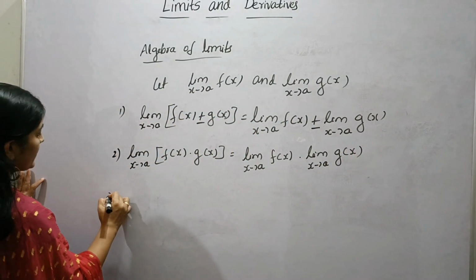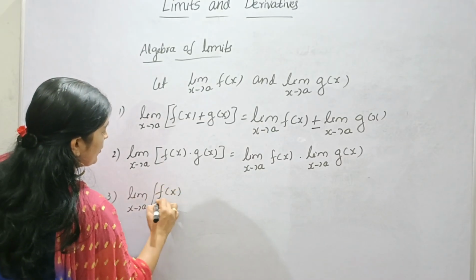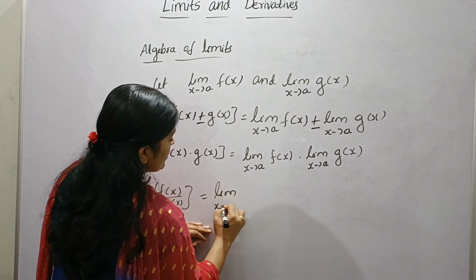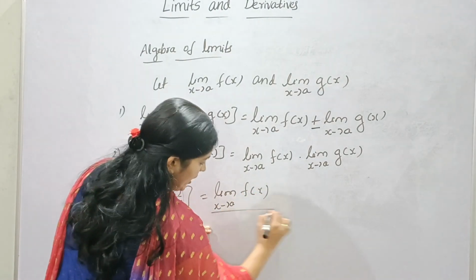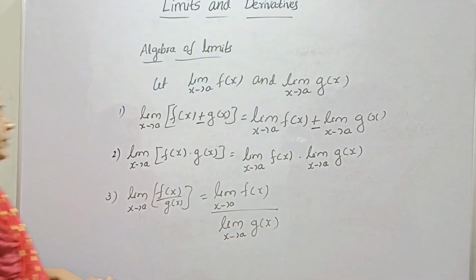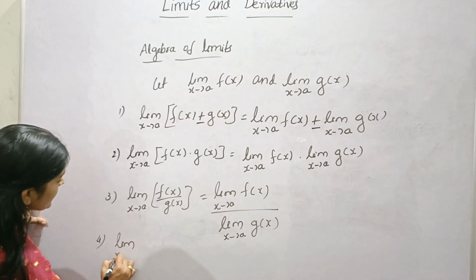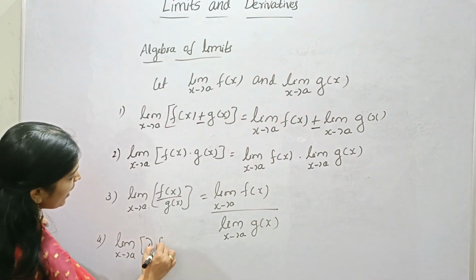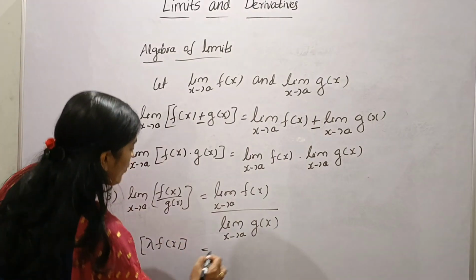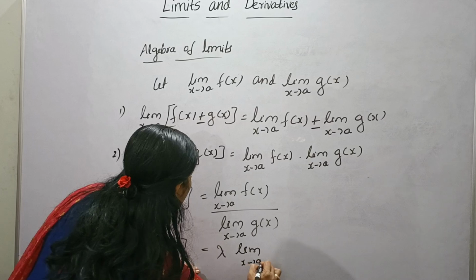Next, the limit as x tends to a of f(x) divided by g(x) is equal to the limit as x tends to a of f(x) divided by the limit as x tends to a of g(x). Next, the fourth one: we can write the limit as x tends to a of lambda f(x), where lambda is some real number, that is a constant, equal to lambda times the limit as x tends to a of f(x).